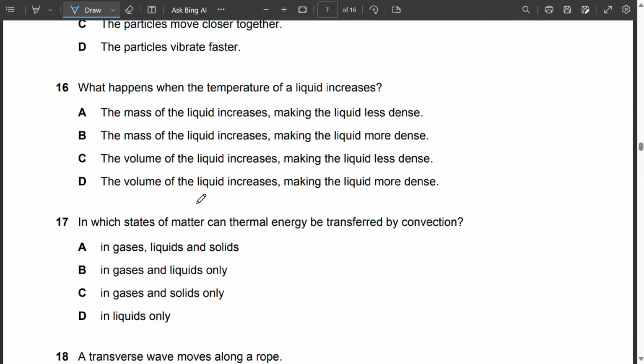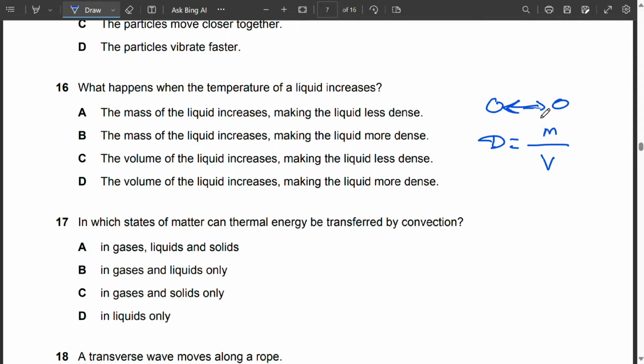Okay. What happens when the temperature of a liquid increases? Now see, when the temperature of the liquid increases, the molecules start moving with more speed, and as a result, the spacing between the molecules will increase. Okay, hence what will happen? The volume will increase. You know that density is mass by volume.